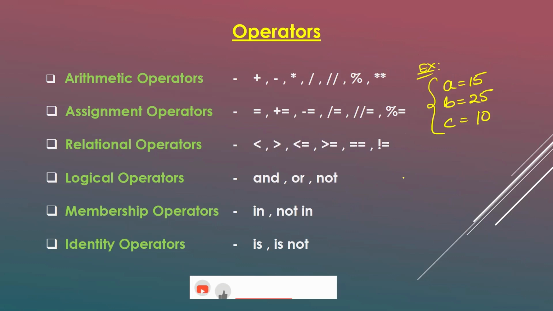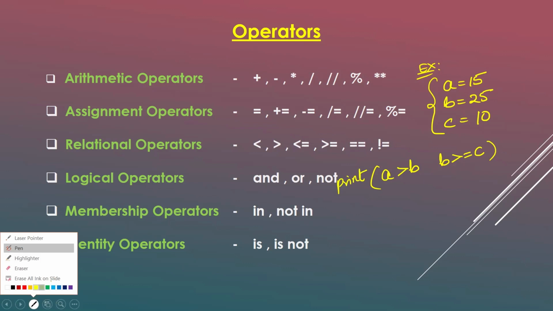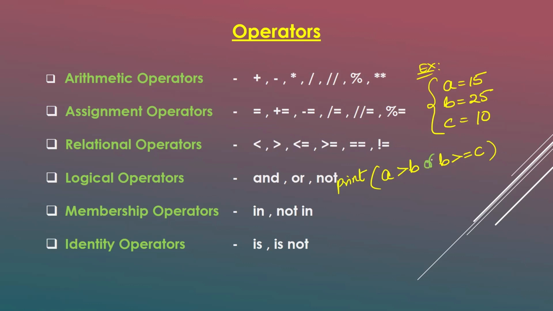The conditions are A greater than B, and B greater than or equal to C. I keep them inside the print function using the logical OR operator. The OR operator is used to combine multiple conditions as a single condition. That is the definition of a logical operator.